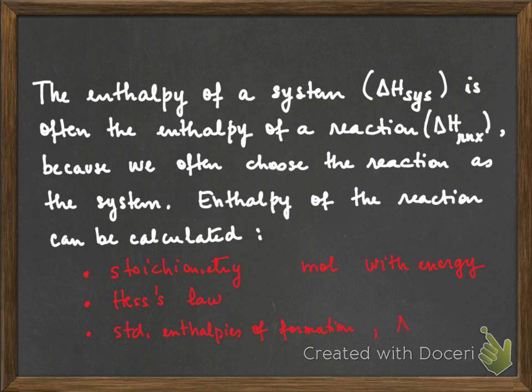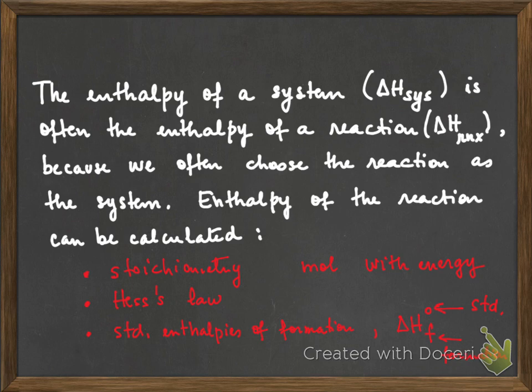And those are called delta H°f. The degree symbol is the standard part. The f is the formation part. So we read this as standard enthalpy of formation.